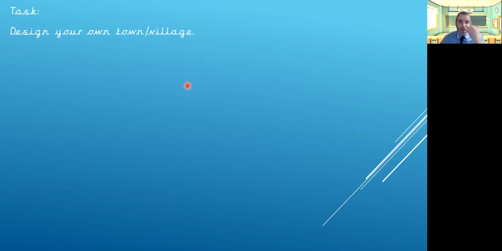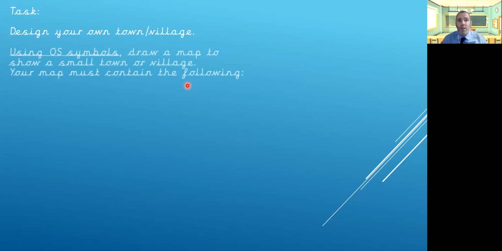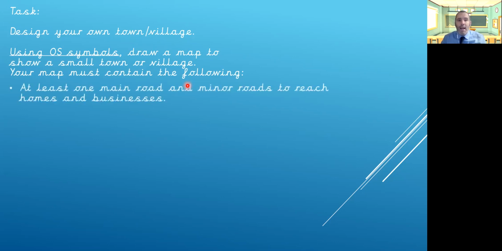So your task, what I want you to do is design your own town or village. Use Ordnance Survey symbols, draw a map to show a small town or village. And you'll want to see the following things on your map. At least one main road and minor roads to reach homes and businesses.